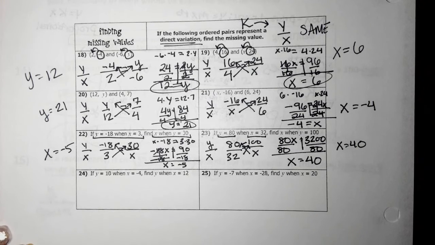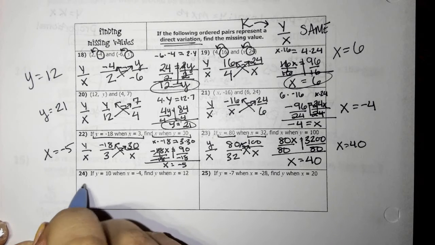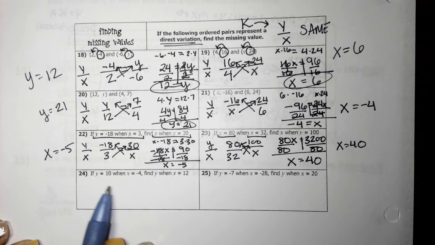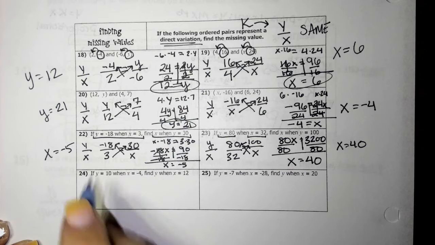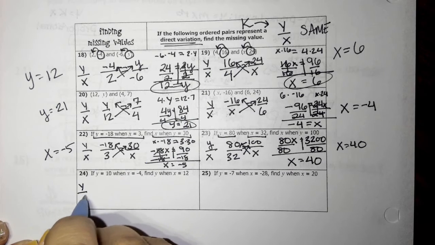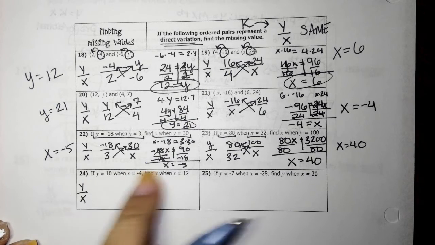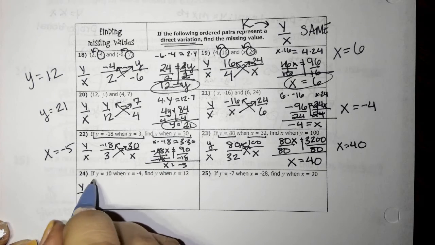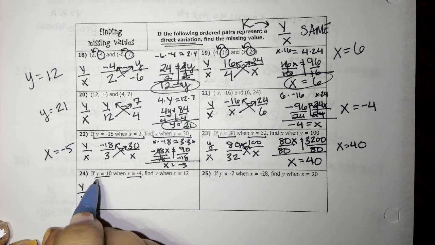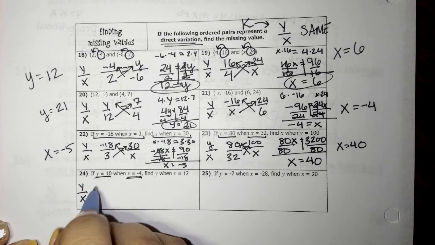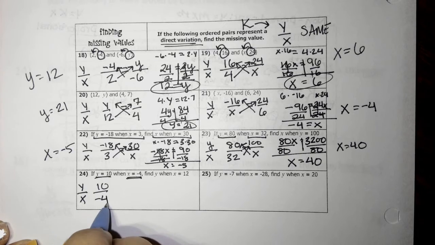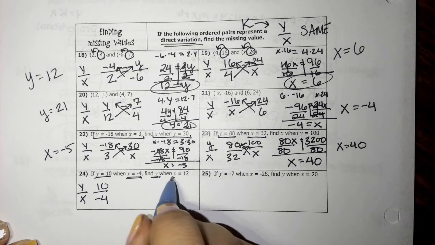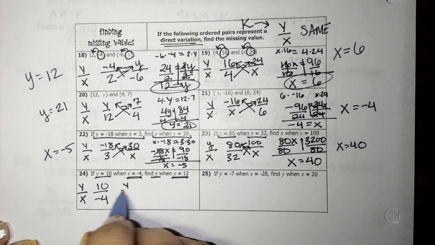Looking at 24, to set this up and find the missing value, I know that this is direct variation. I need to use the fact that I know y over x is the same for both situations. Y over x for the first part is going to be 10 over negative 4. For the second part, I don't know what y is, but it tells me x is 12.